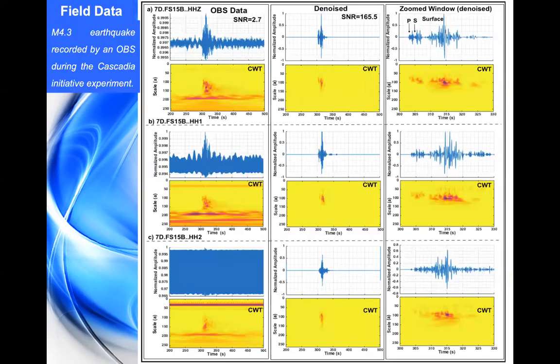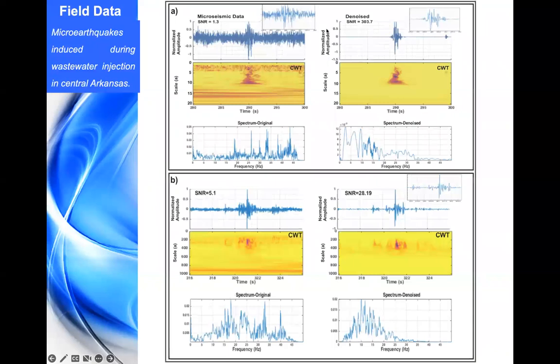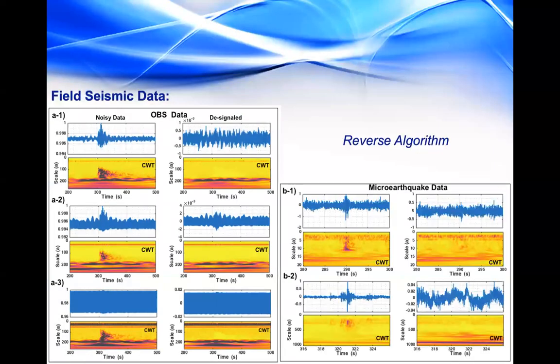The first field example is three-component OBS data. As you can see, our proposed method automatically removes the noise and increases the signal-to-noise ratio from 2.2 and 2.7 to over 165. The second example is from Guy Greenbrier, before and after denoising. And these are the results of the reverse algorithm on the previous OBS and microseismic examples.